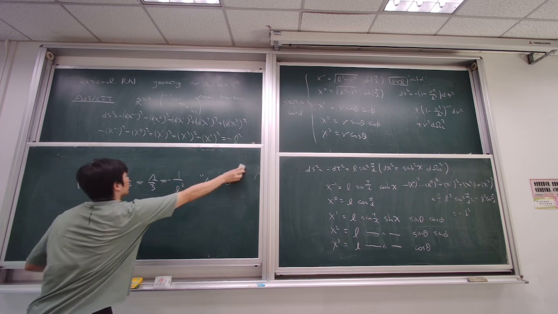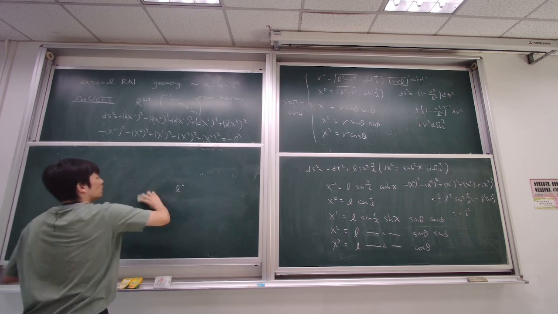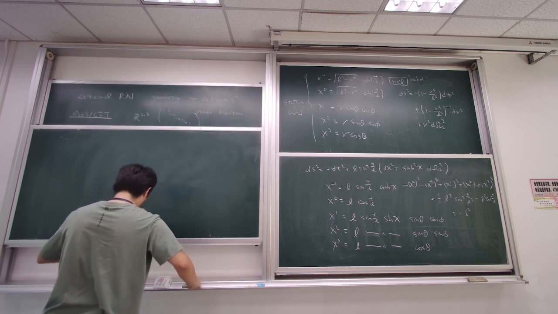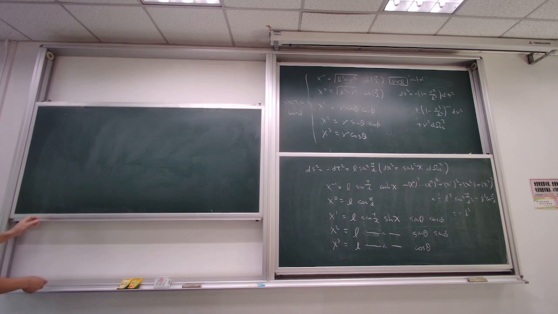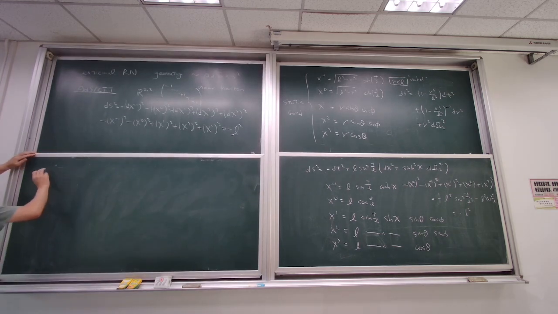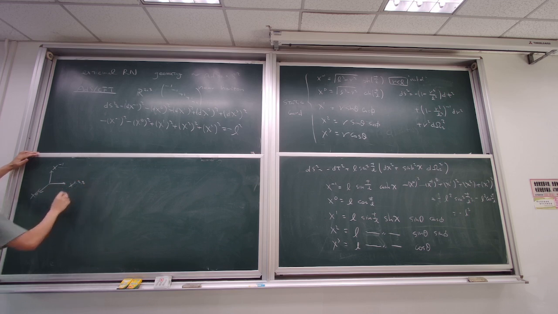Maybe I can erase this one. So this is the hypersurface we consider. This is the x minus 1 direction, this is the x1 direction, and this is x0, with the 1, 2, 3 directions.